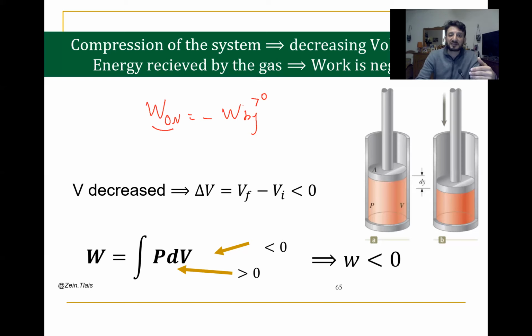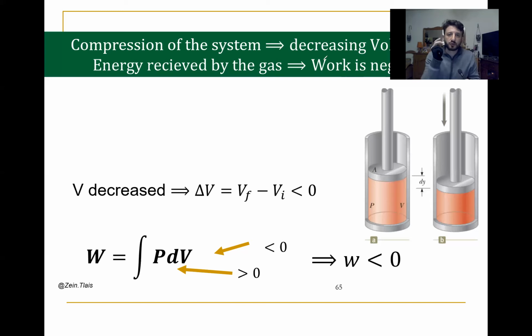If omega by the gas is negative by decreasing the volume, then negative times negative, we get omega on the gas positive. So we have to calculate omega by the gas and we can deduce the value of omega on the gas. In general, we use only omega by the gas.